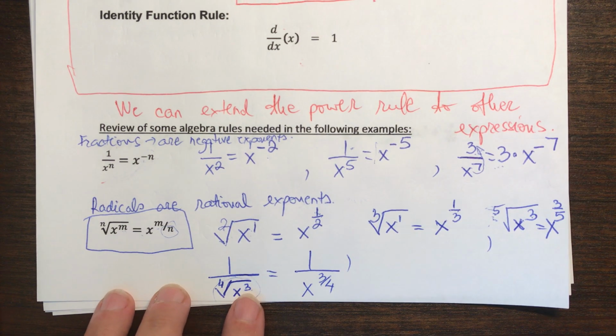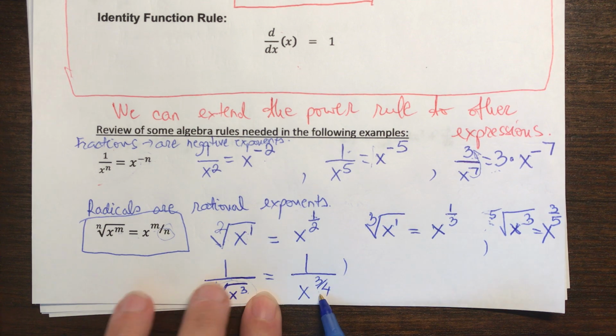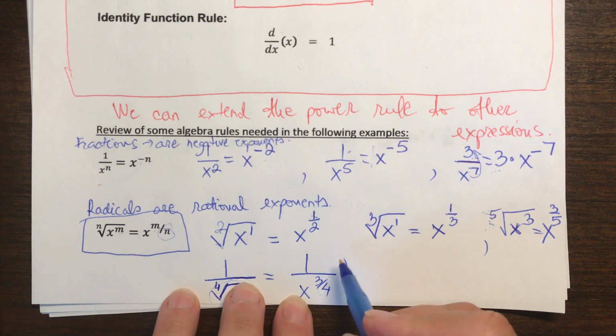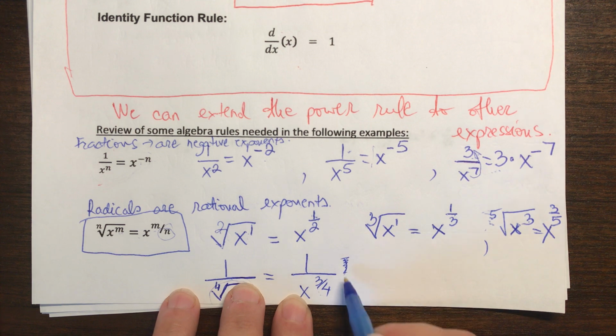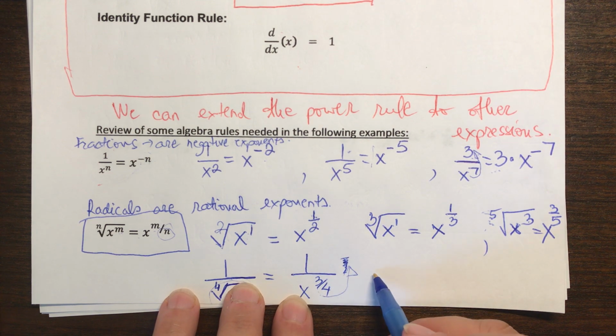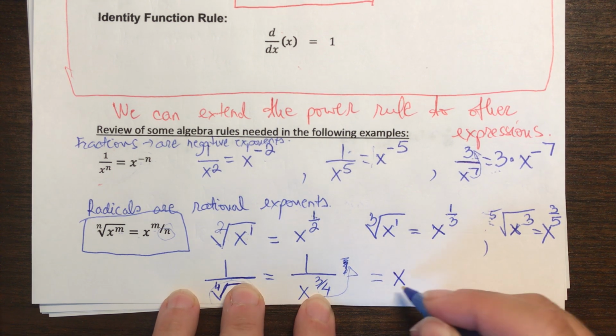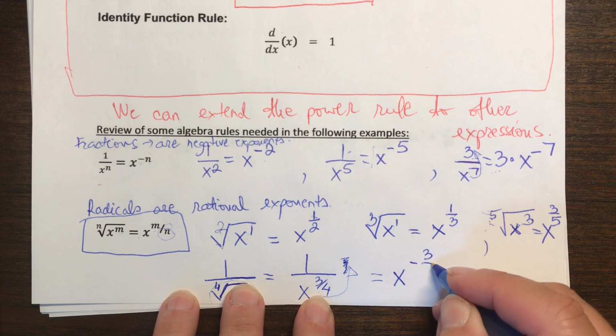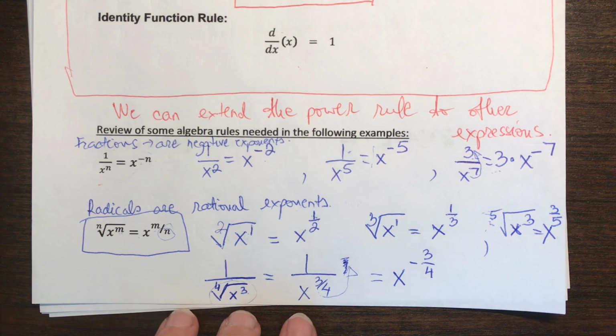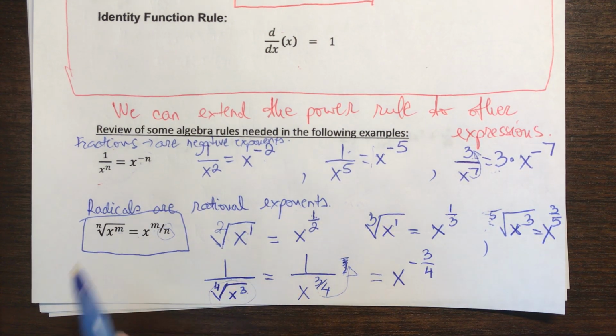It's still a fraction. How do I eliminate, let's say, this fraction? So comma from above, I eliminate this fraction. How do I bring this x up at the top so it wouldn't be a fraction anymore? It's an x to the -3/4, right? So we're combining basically both these rules.